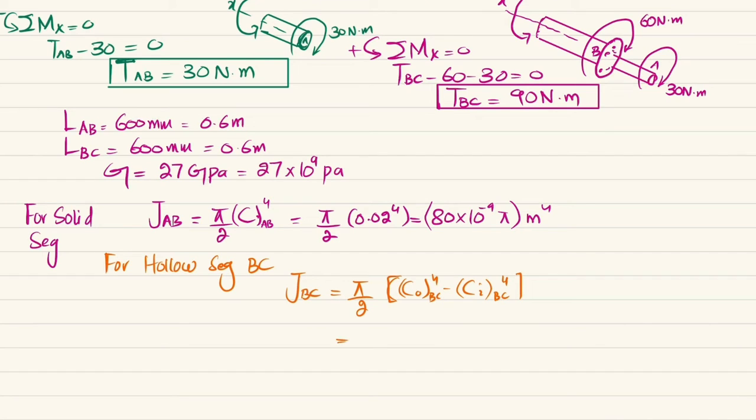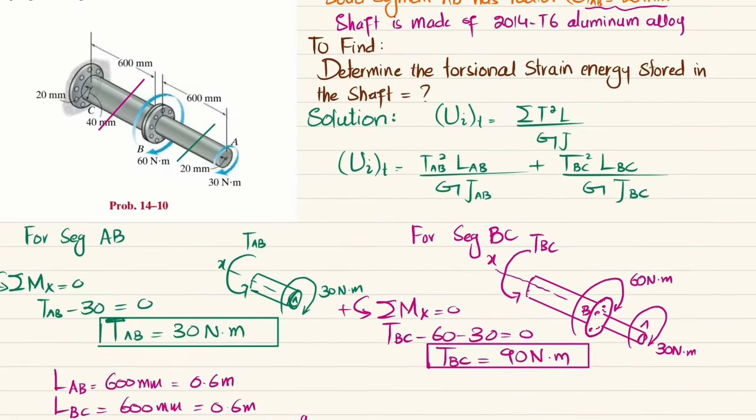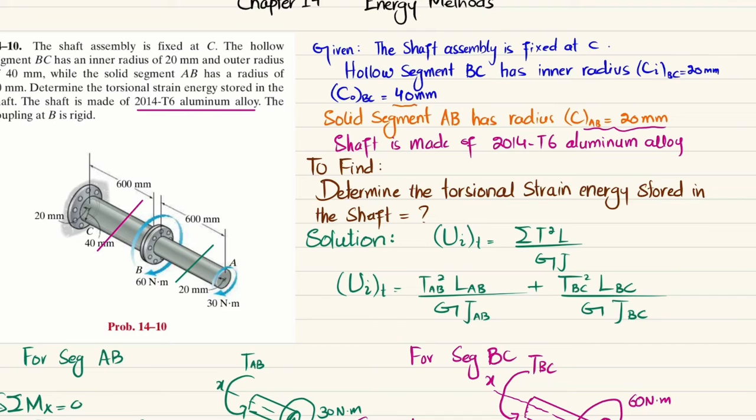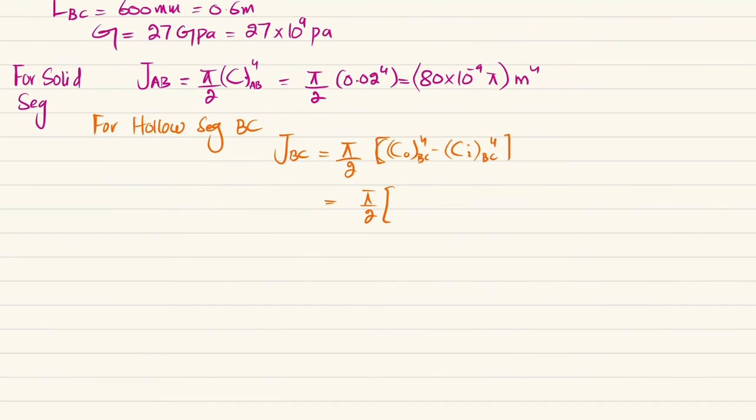So you can put the value: C outer was 40 millimeter, which is 0.04 meter, power 4, minus C inner, which was 20 millimeter, that is 0.02 meter, power 4. That will be polar moment of inertia for this hollow segment BC. When you solve this, you will get 1200 into 10 raised to the power minus 9 pi, and unit will be meter power 4.